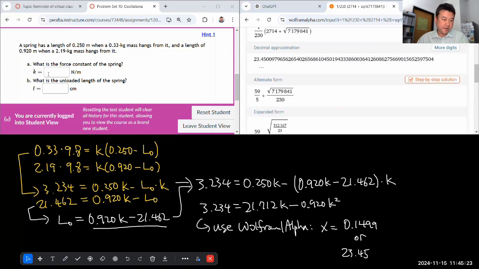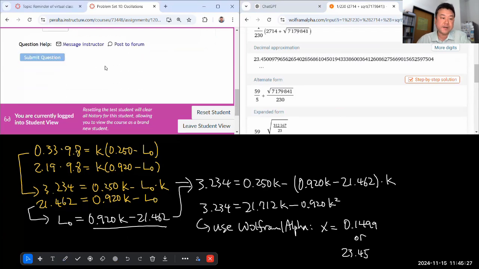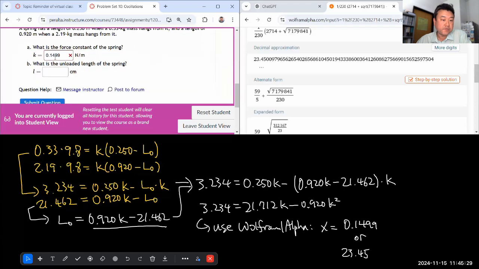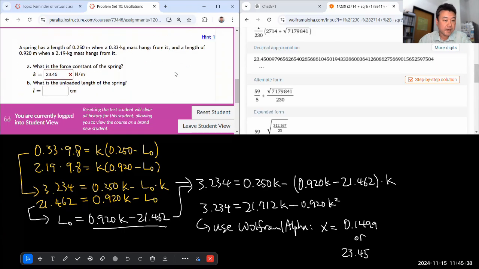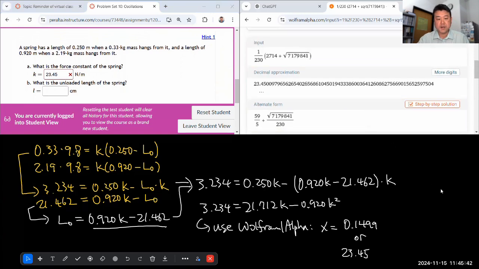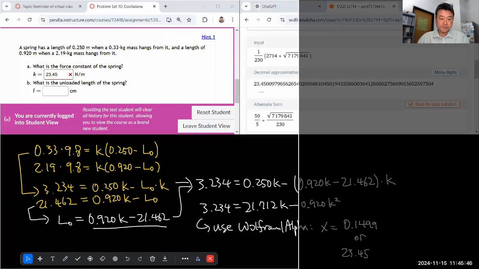So you plug in either one and it's going to be wrong because I made a mistake in algebra. So that's wrong. And I try 23.45. That's wrong. And so now my question to ChatGPT is, hey, I think I did this right, but the thing says it's wrong. What am I doing wrong?